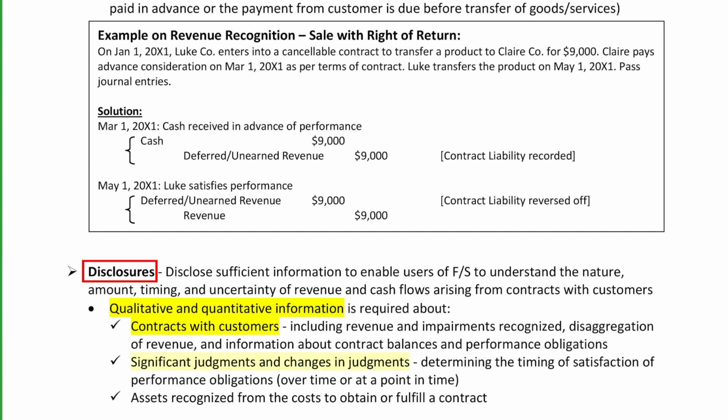Highlight significant judgments and changes in judgments. Need to determine the timing of satisfaction of performance obligations, whether over time or at a point in time. Highlight assets recognized from the cost to obtain or fulfill a contract.